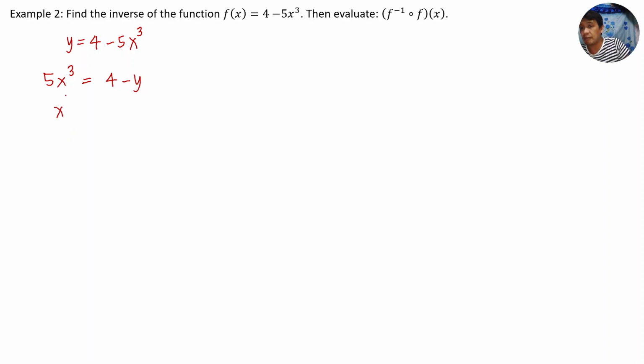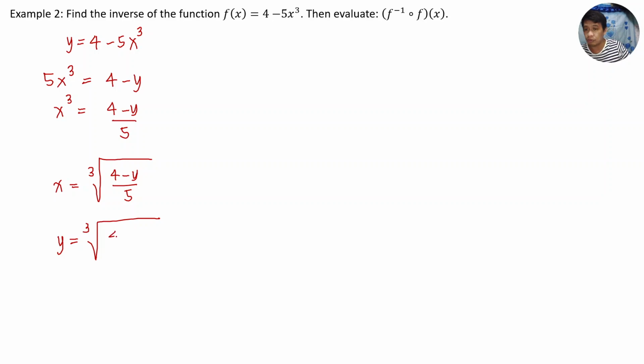Dividing both sides by 5, that's 4 minus y all over 5. Then taking the cube root, that gives us the cube root of 4 minus y over 5. Then replacing y with x, this is the cube root of 4 minus x all over 5.